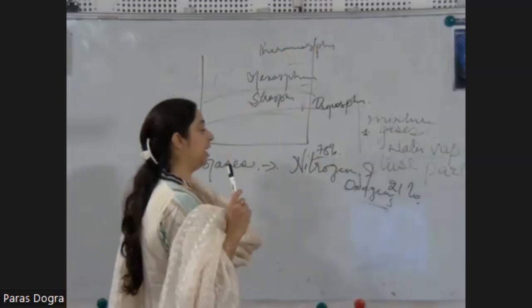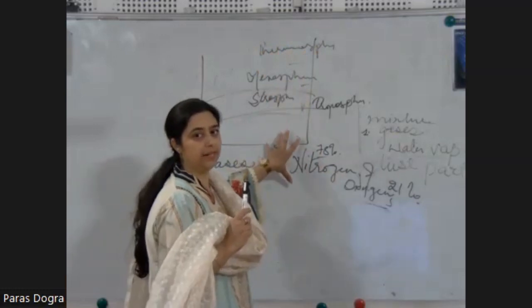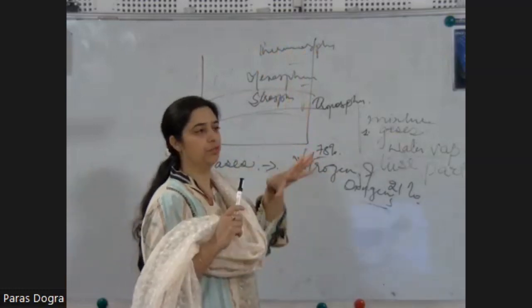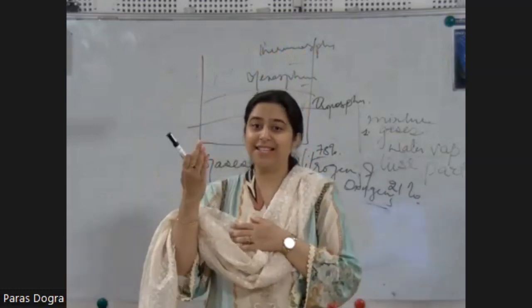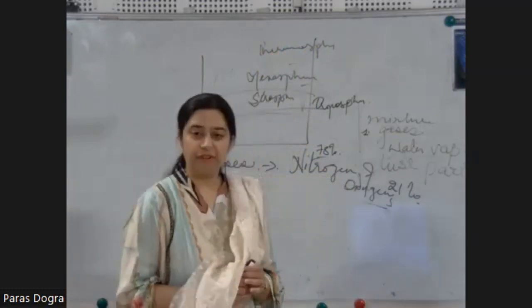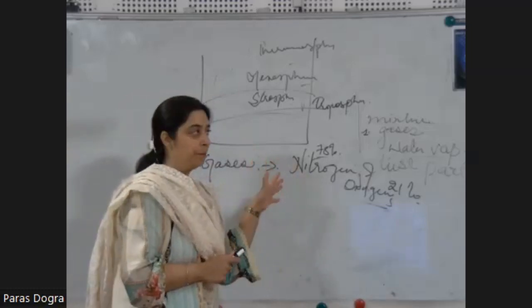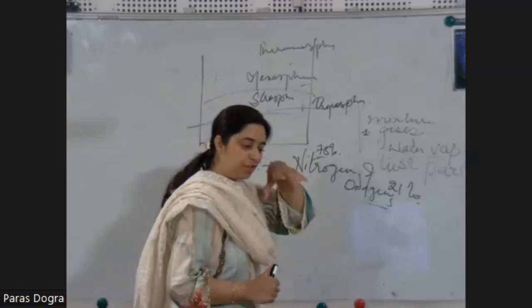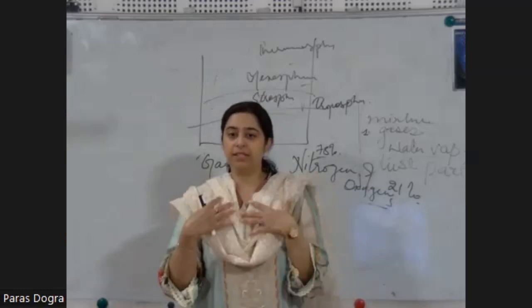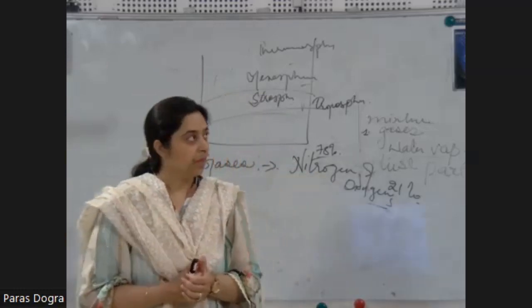Because the atmosphere is quite dense in the lower layers, and as we go up, it is not as dense as it is in the lower layers. This fact is very important to know, because on the basis of this we will understand the temperature conditions of the atmosphere in a better way.